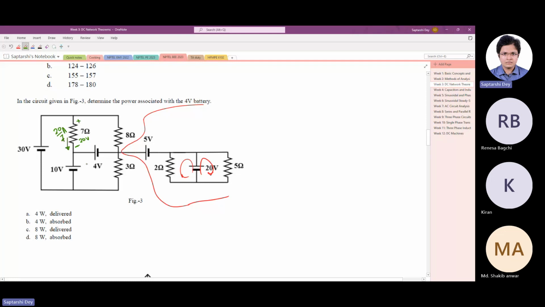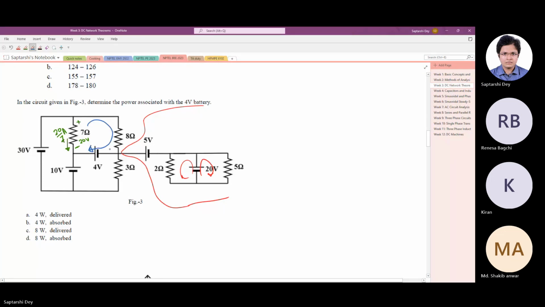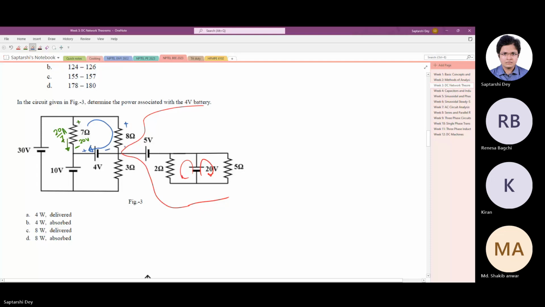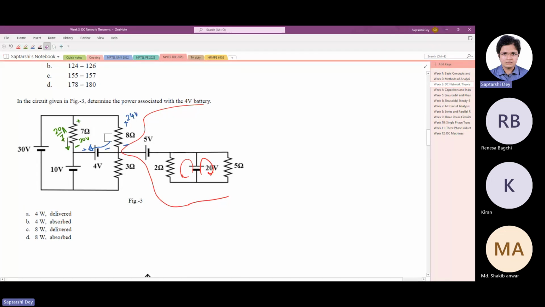Here 20 volt, and that is additive with this 4 volt. So 24 volt is coming across the 8 ohm resistance like this. So this must be 3 ampere.